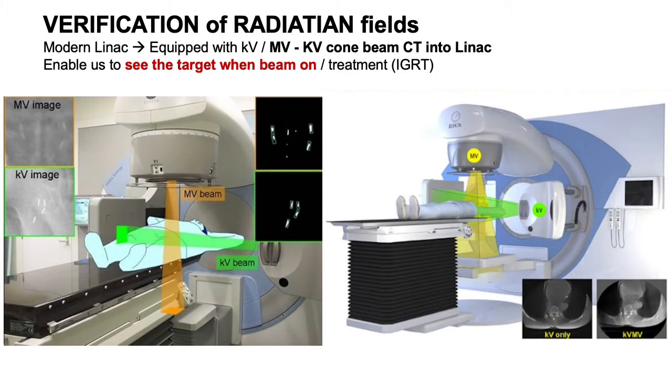We have discussed the verification procedure in radiotherapy before radiation is delivered. These are the tools. The yellow beam going from above to bottom is what we call EPID, or electronic portal imaging device, which is a 2D verification tool.